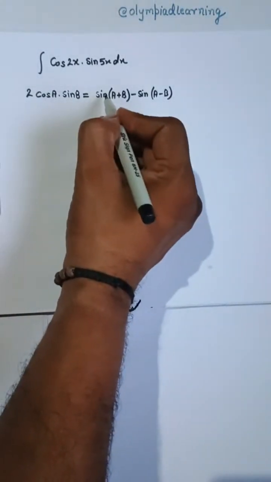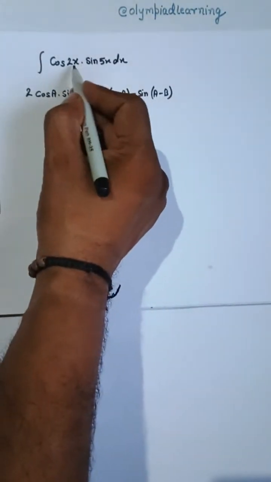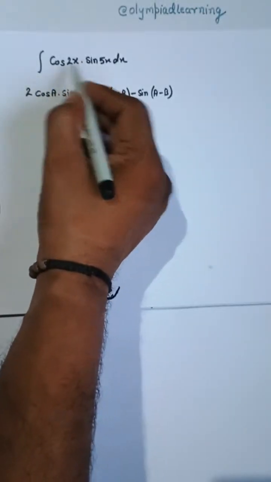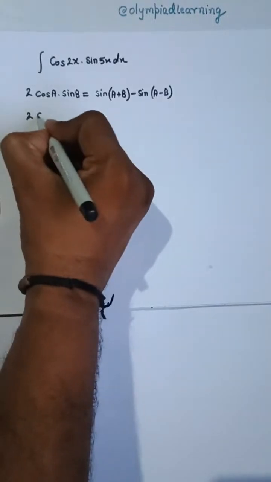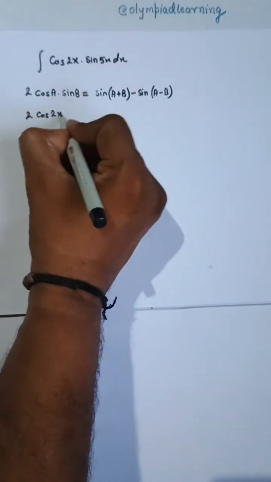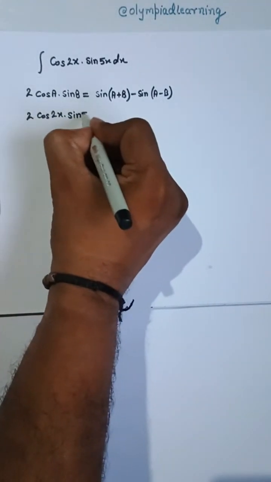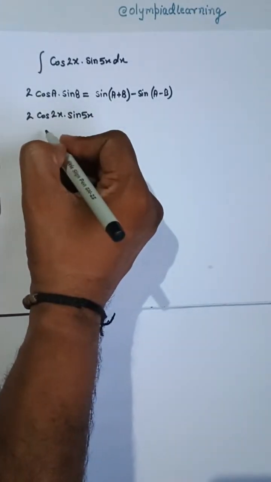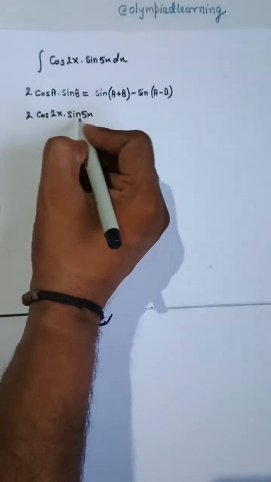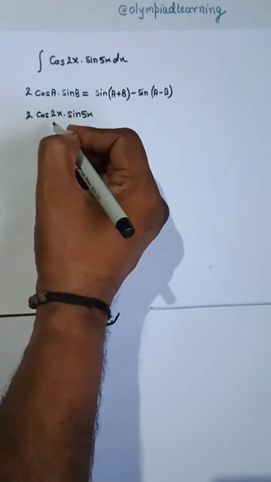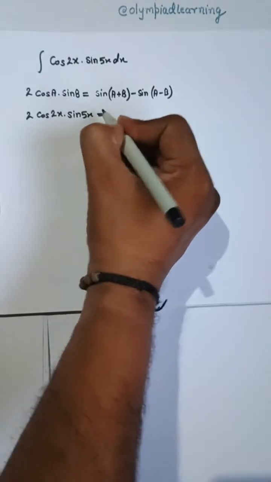Now this formula is going to be substituted here. Before doing this, I'm just going to solve here. I can write 2 cos 2x sine 5x. You can see here 2x is less than 5x, so I'll be using this formula.